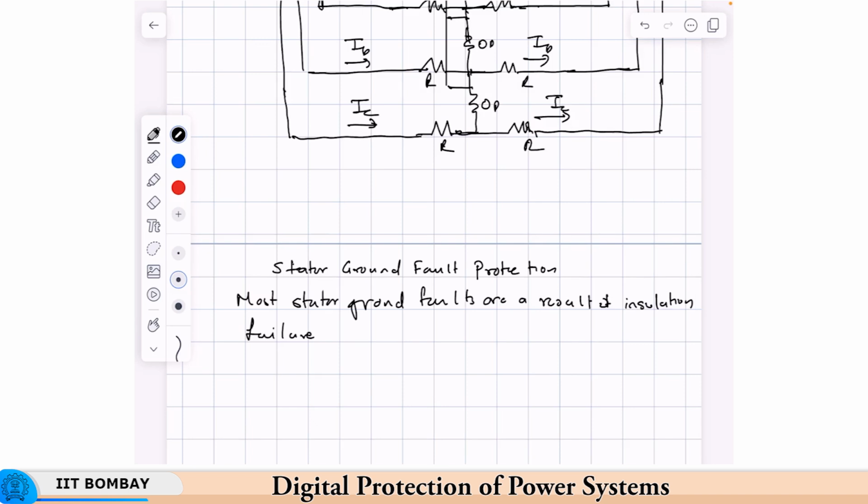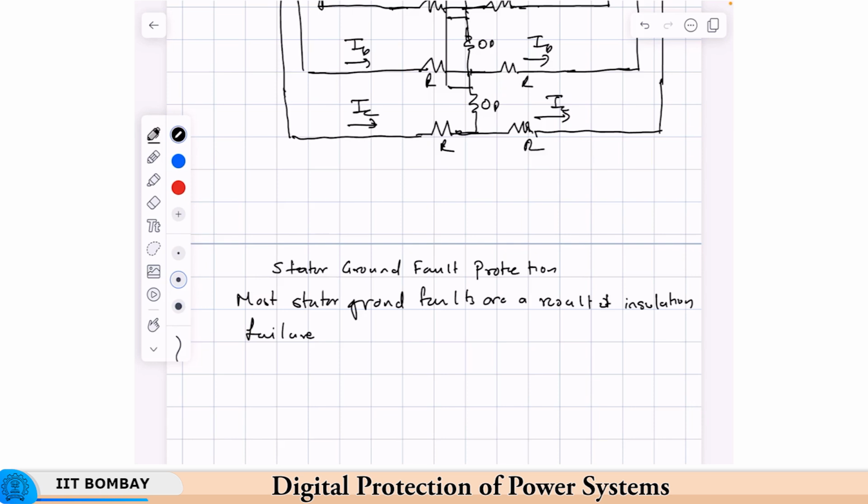Okay, so they start off as some puncture in the insulation or something, but eventually these incipient faults could lead to turn faults, or even a complete failure of the insulation could also lead to a ground fault.